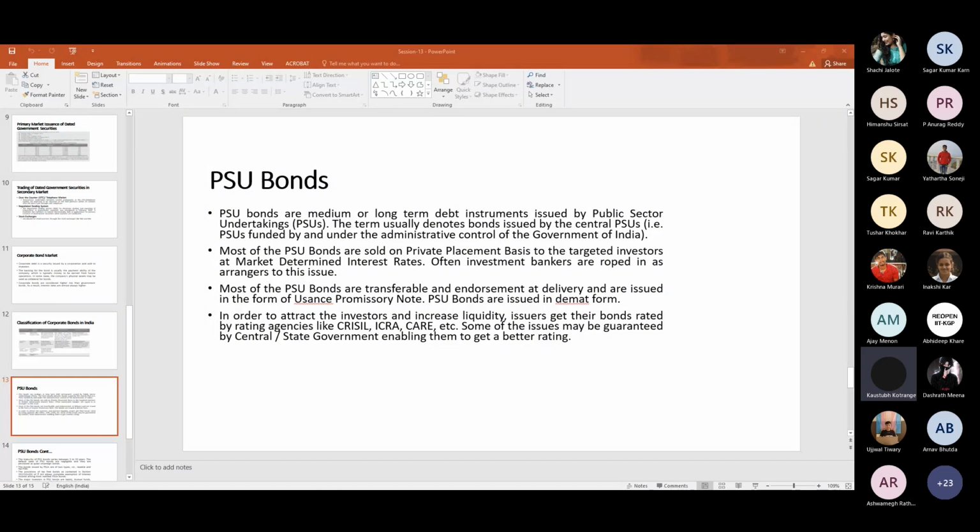Steel Authority of India, SAIL, okay. Anything else? BHEL, okay. What else? Which is the largest PSU? Sir, I'm not sure, but Indian Oil Corporation. The largest PSU is Indian Oil Corporation.